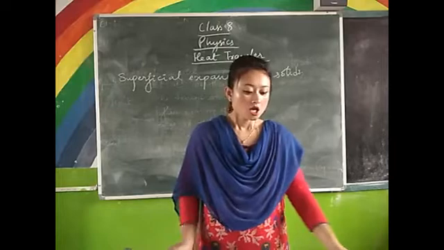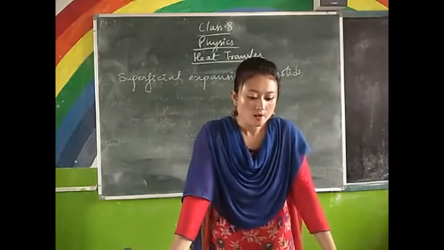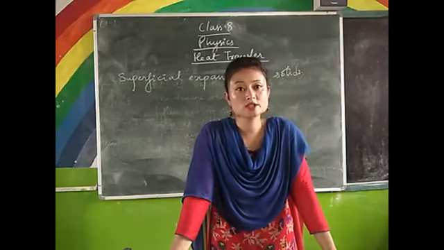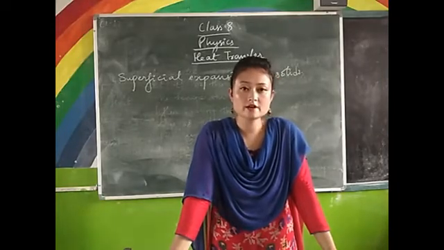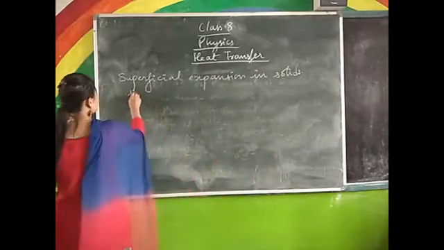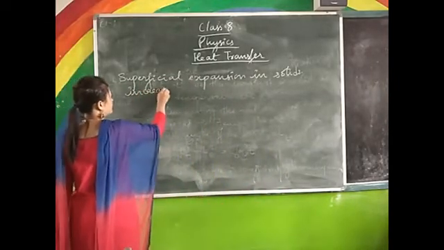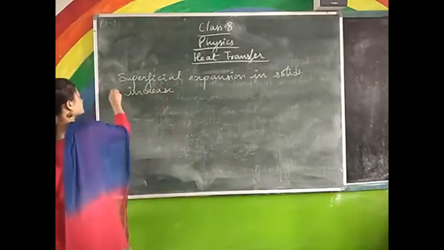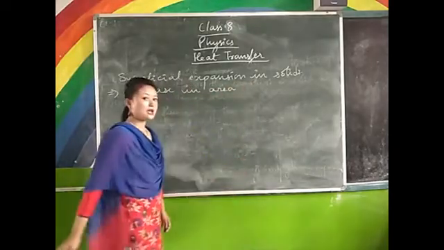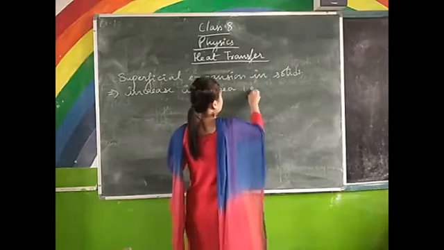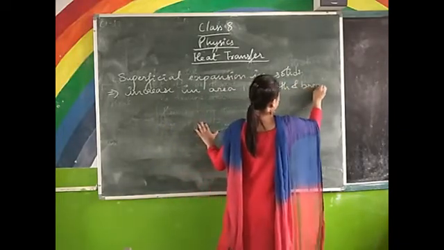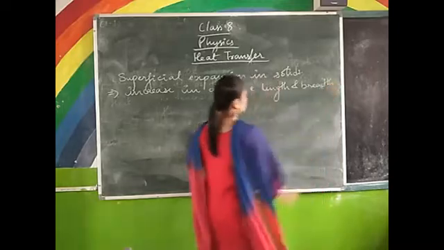Okay. So superficial expansion of solid. When a metal plate is heated, its length and breadth both increase. This increases the area of the plate. So what does superficial expansion mean? Superficial expansion means increase in area, which means both length and breadth increase.